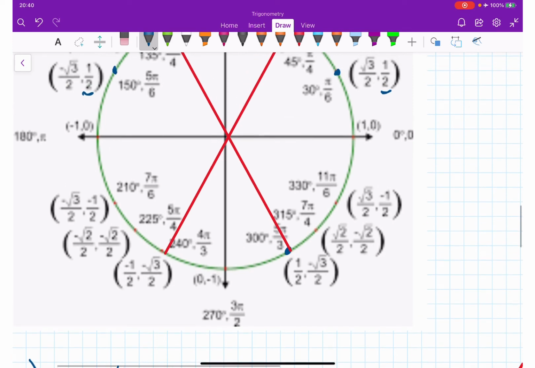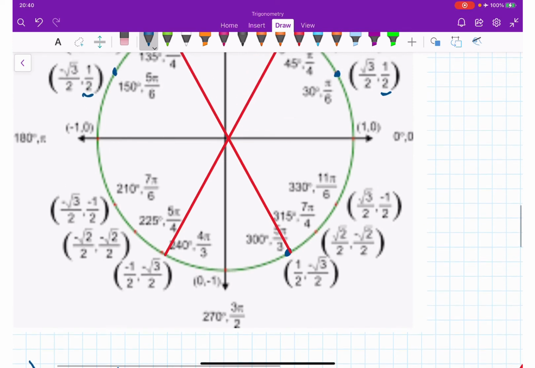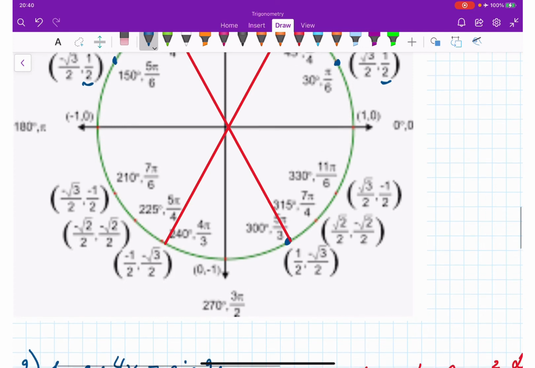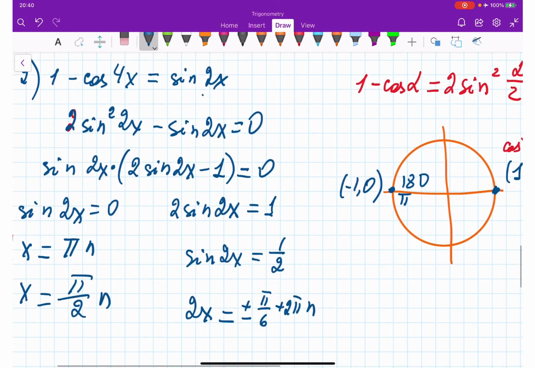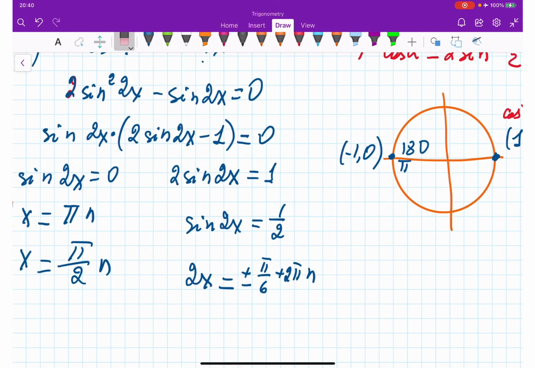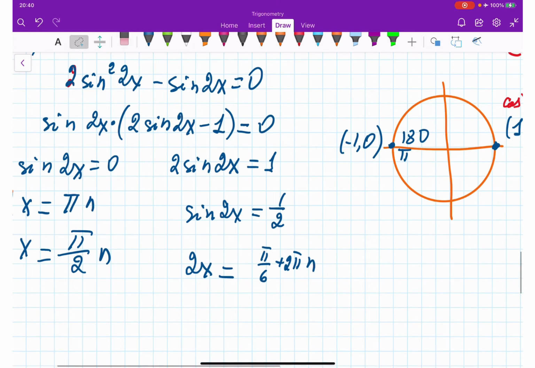Okay. And the next one is 5 pi over 6. Hold on, this is positive only. And the other one, 5 pi over 6.